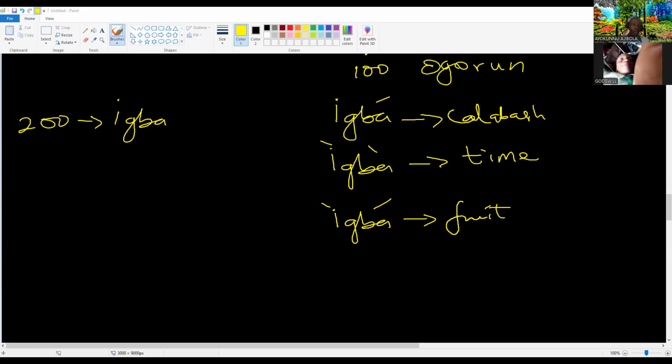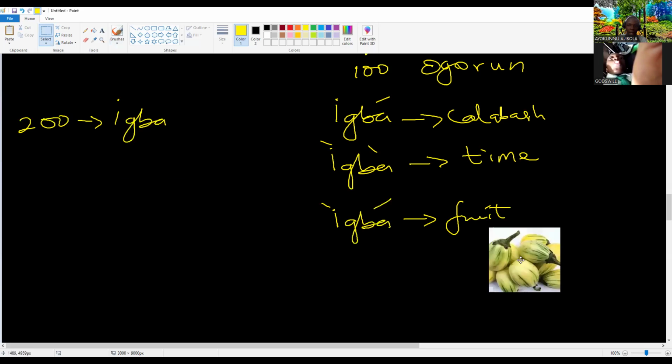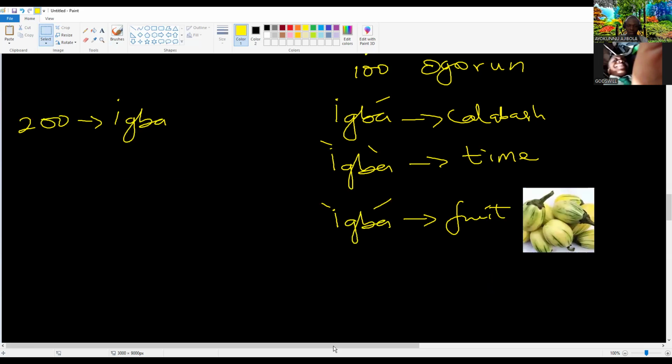Yes, sir. Let me bring the picture so you see what we're talking about here. So, Igba, you can see it, right? Is it hard to bring the picture? Yeah, I have to bring it so that you can know what I'm talking about. You know garden egg, that is Igba in Yoruba, okay?